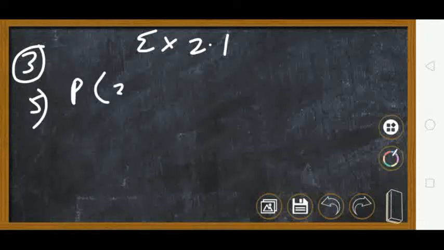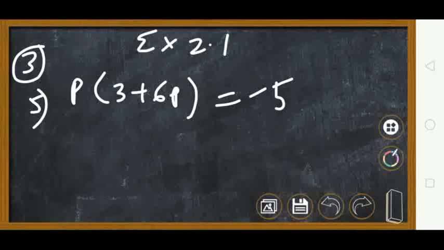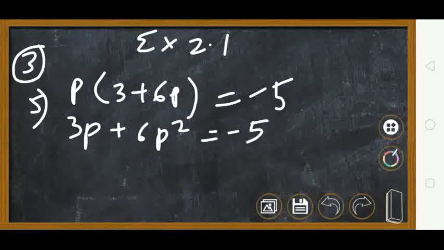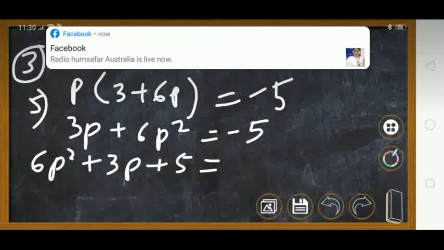p into bracket 3 plus 6p is equal to minus 5. First step is to bring it into ax square plus bx plus c equal to 0. Open up the bracket. 3p plus 6p square is equal to minus 5. So you get 6p square plus 3p plus 5 equal to 0.